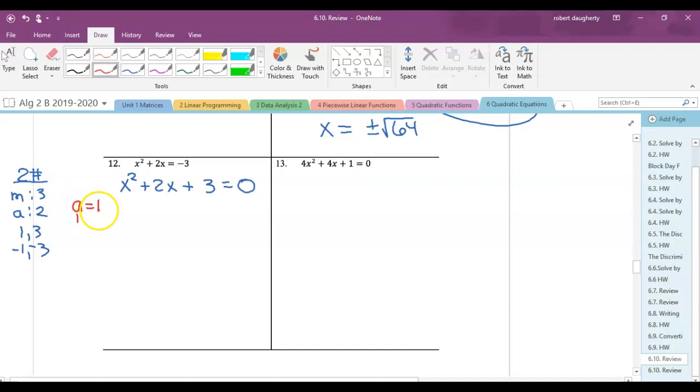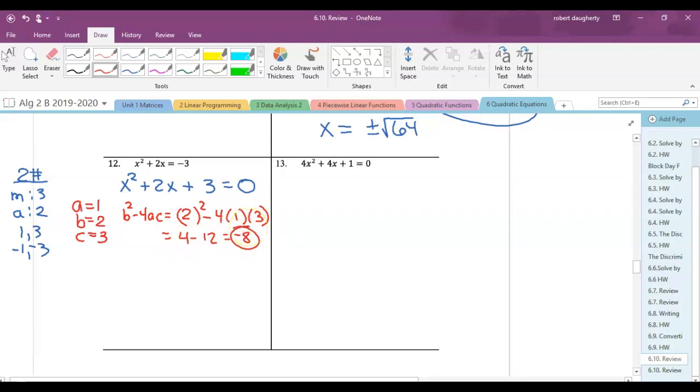A is 1, B is 2, C is 3. So B squared minus 4AC is going to be 2 squared minus 4 times 1 times 3. That is going to be 4 minus 12, equals negative 8.